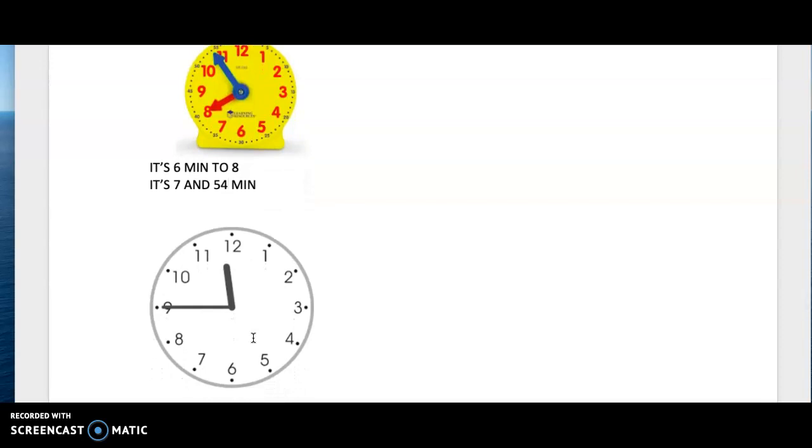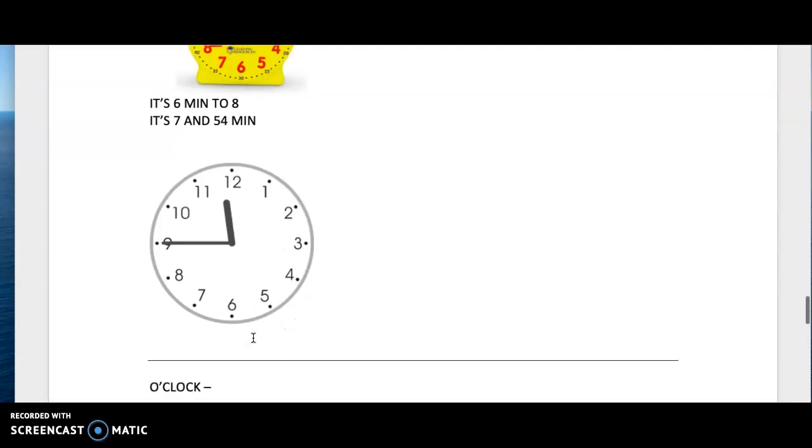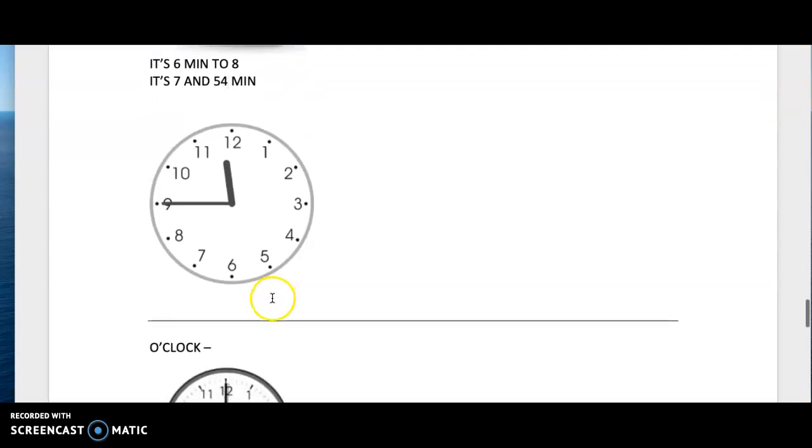Here we have another example. What time is it? ¿Cuánto hace falta para que sean las 12? Un cuarto. How do you say un cuarto in English? A quarter. Very good. So here we can say it's 11:45.